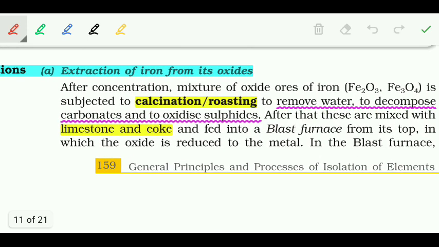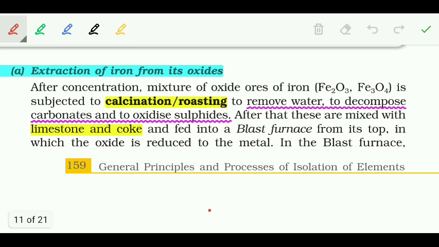With the help of the Ellingham diagram, we can extract iron from its oxide. Let's see how it actually works. After concentration, as we know that we need to concentrate the ore first of all, after the first step, that is concentration of ore, we have a mixture of oxide ores of iron, that is Fe2O3 and Fe3O4.